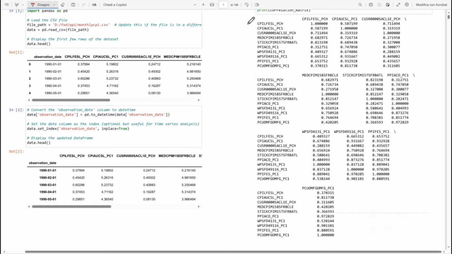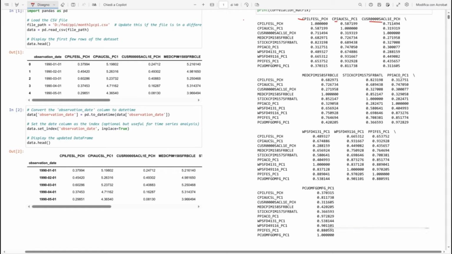As usual we take some time series from the FRED database. This is core inflation, this is normal CPI.